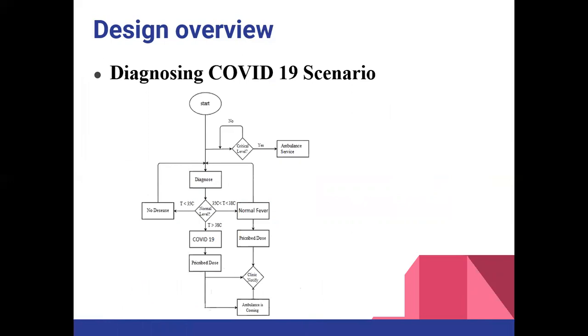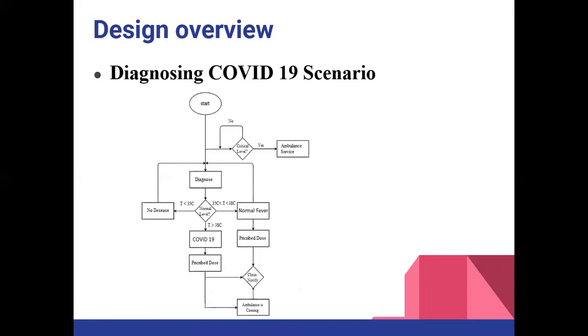So now we will make a demo for diagnosing the COVID-19 pandemic. Firstly, this is the flowchart for diagnosing COVID-19. The diagnosing of COVID-19 is done based on the temperature level.